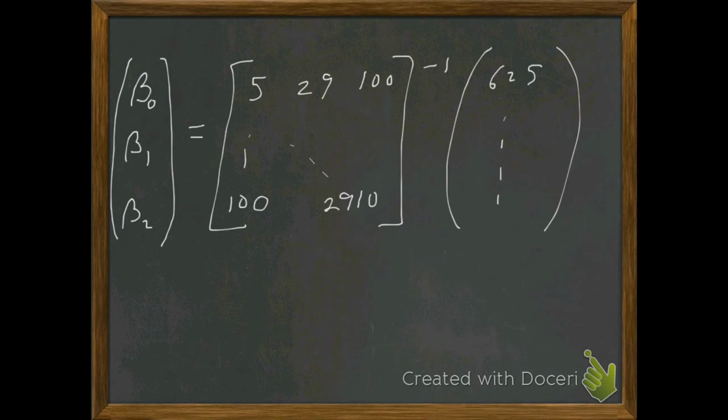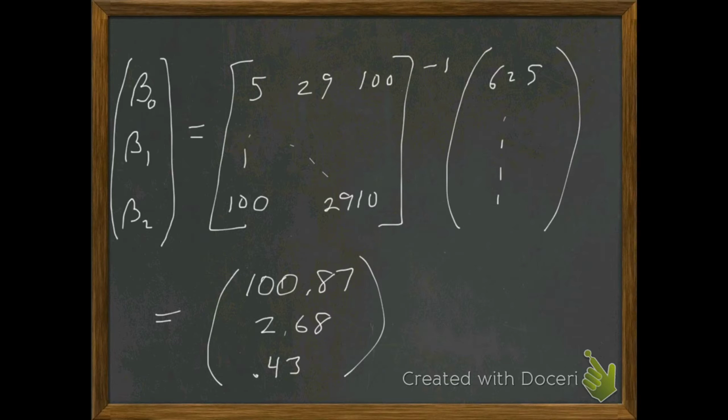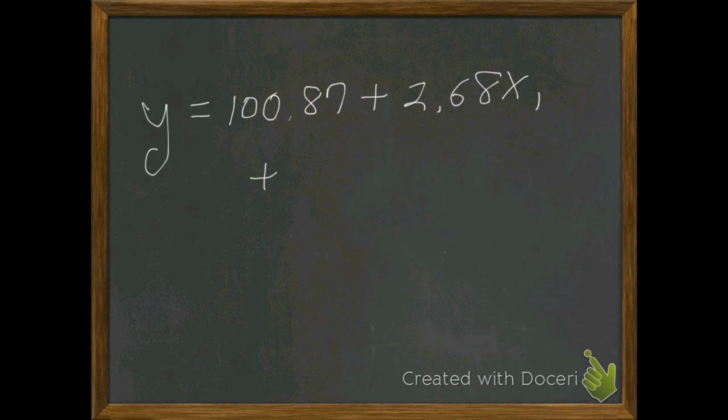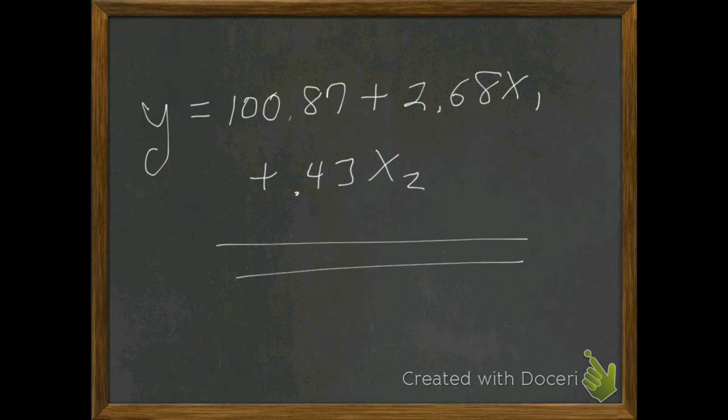Guys, when I do this, I end up getting 100.87, 2.68, and 0.43. So this would tell us that we would have y equals as our model. Okay?